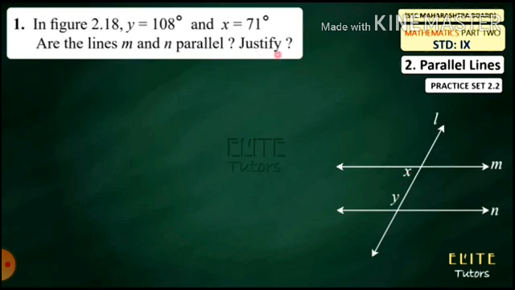In this question, we will prove whether these lines are parallel or not. Justify. If the lines are not parallel, then justify. Here we can see line M and L are parallel and L is a transversal. So we will start our solution.